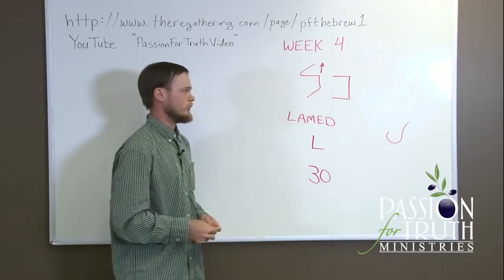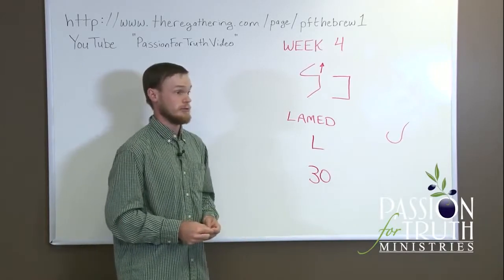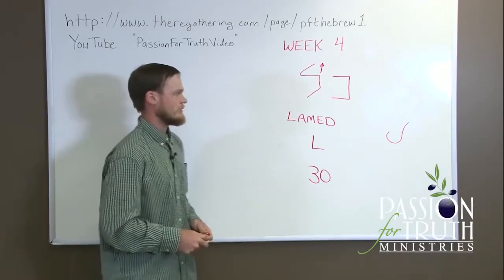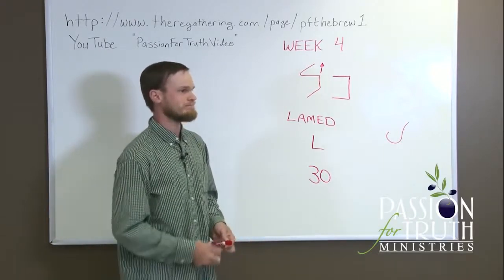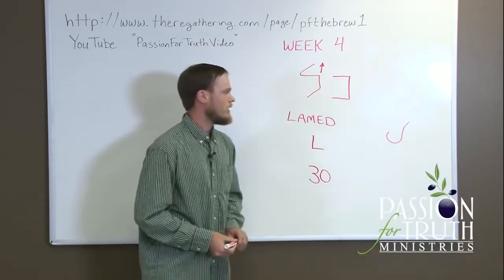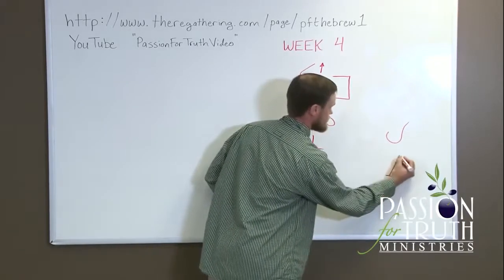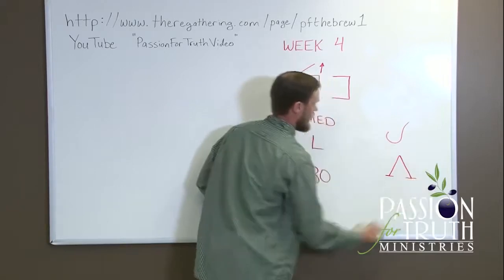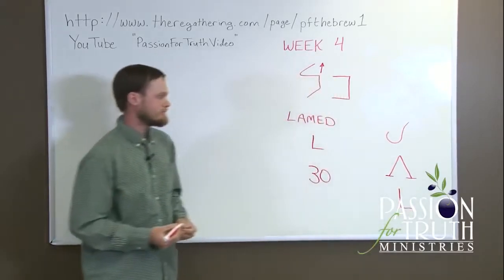And the Hebrew verb lamad means to learn or to teach. So it's kind of the idea of teaching the sheep by guiding them in the right direction. Lamed became the Greek lambda, and eventually what we know as the L.